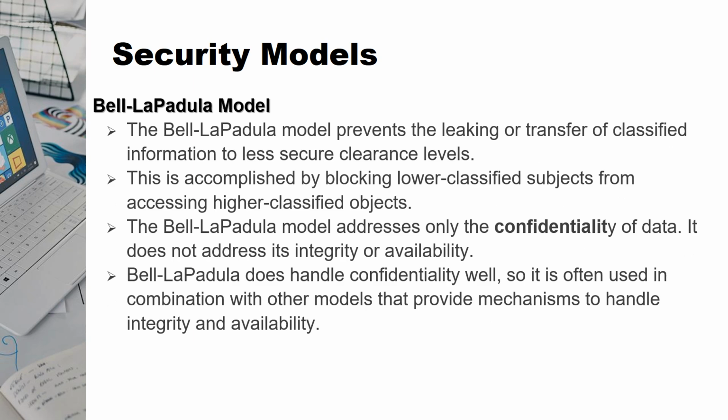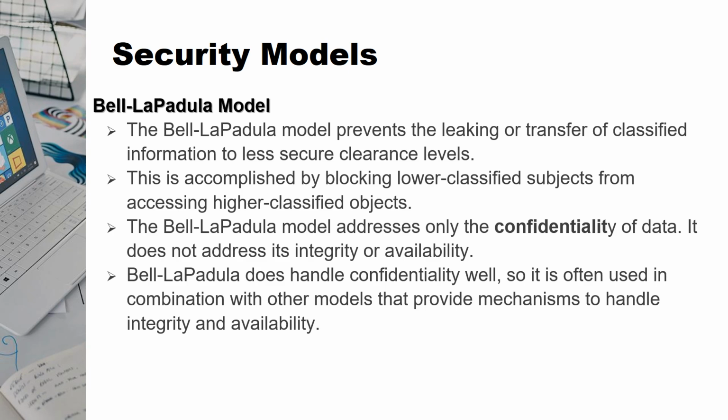The main goal of this model is to prevent classified information from leaking to people with a lower security clearance. It does this by blocking users with a lower clearance from accessing higher level information. It's very important to note that this model focuses only on confidentiality, keeping information secret.